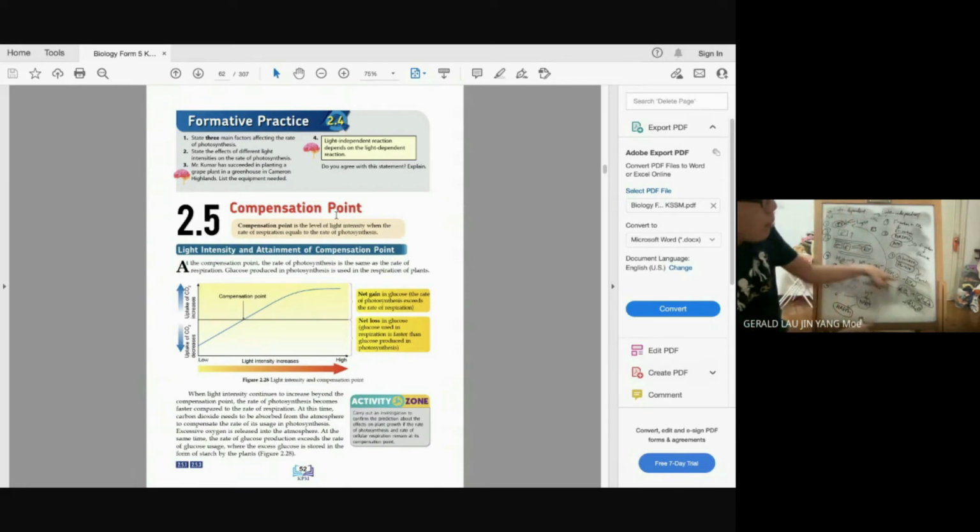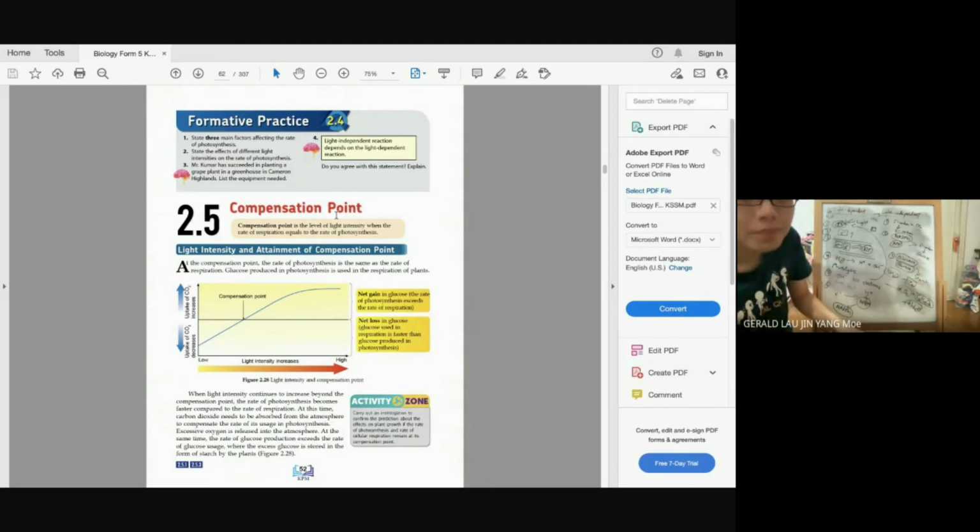The oxygen produced by photosynthesis will be used by respiration, and the carbon dioxide produced by respiration will be used for photosynthesis. It's continuously like that, the cycle. Okay, it's the same thing. That's why there is no net gain or net loss in glucose, because it's the same rate only. That's why we call it compensation point.